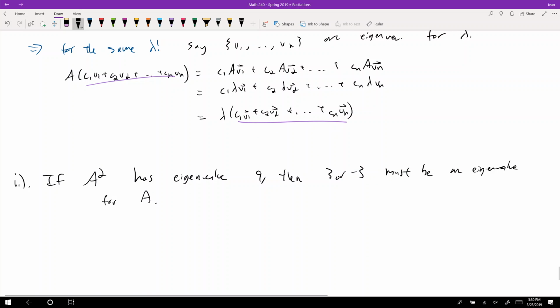So here's the correct way we should have thought about it. If we know that A squared has eigenvalue equal to 9, then we know that A squared v is equal to 9v. What we can't just say is that Av is equal to some lambda v, because you're assuming that the same v is an eigenvector for A when it's an eigenvector for A squared.